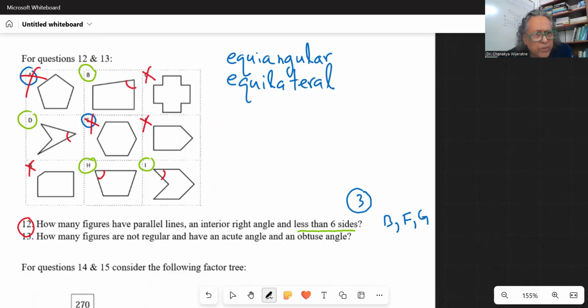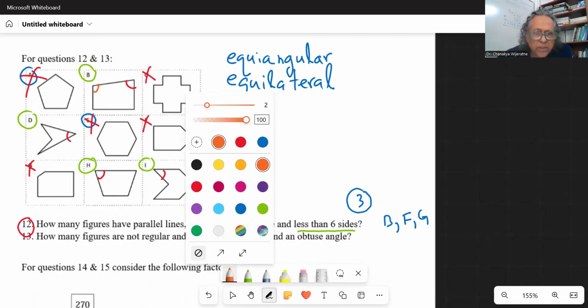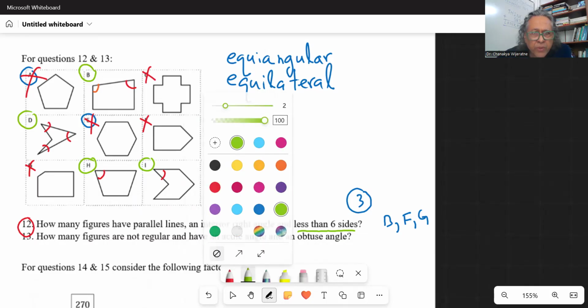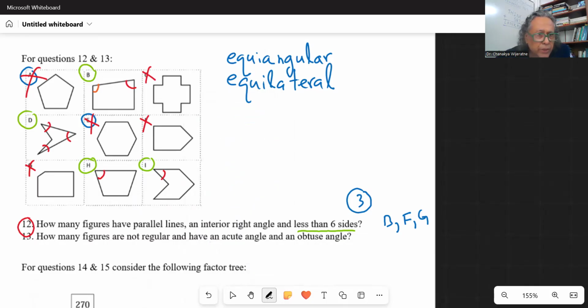So B has an obtuse angle. This is between 90 and 180. Now I'm going to use the red color. So this actually is an acute angle. And then this one is actually bigger than 180. It's a reflex angle. So we can't count it.